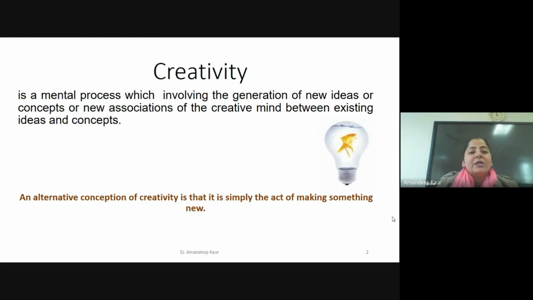So creativity means if my student is able to do something new, maybe a small idea generated by my student in a class, or the student is able to complete an assignment that is very new for that particular candidate, I consider that up to some extent I am able to develop creative ability among my students.